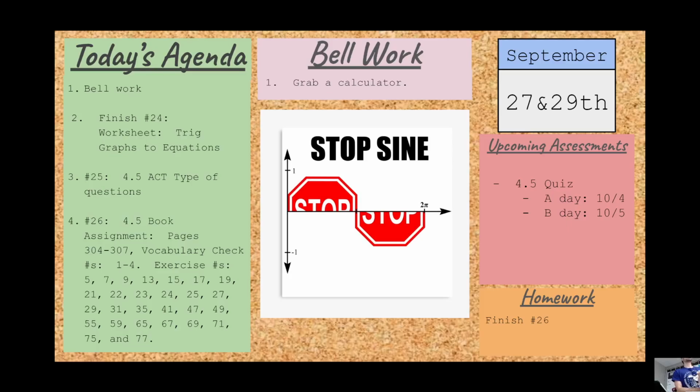I have a practice quiz for you so you can see if you're on track for how hard our quiz should be. And I've got a little extra graphing practice since that tends to be the hardest thing in this section. That will be Tuesday, and then Thursday we will have our 4.5 quiz.